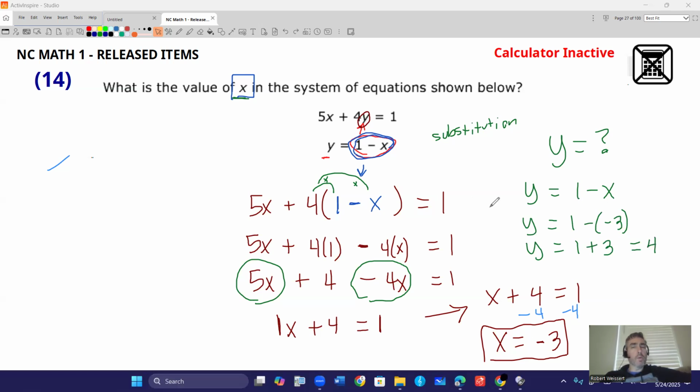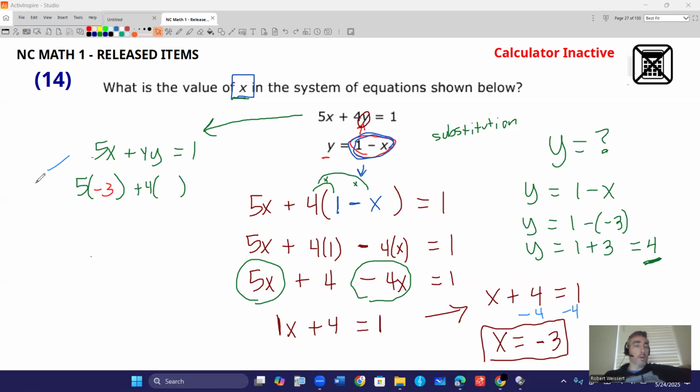Does it work in the other one as well? Well, let's find out. Now that I know my answer is 4 for y, and my answer is negative 3 for x, let's look at this other equation. Let's just make sure we're right, okay? So if I say 5x plus 4y is equal to 1, then I could say 5 times, what is my x value here? What did I get? Negative 3. So 5 times negative 3 plus 4 times, what is my y value? 4.